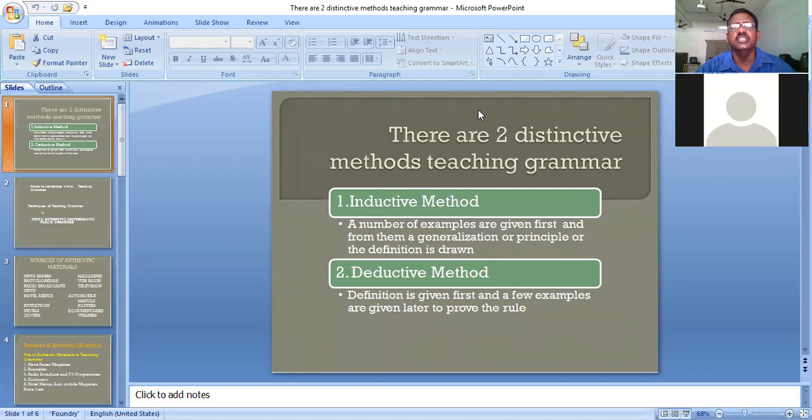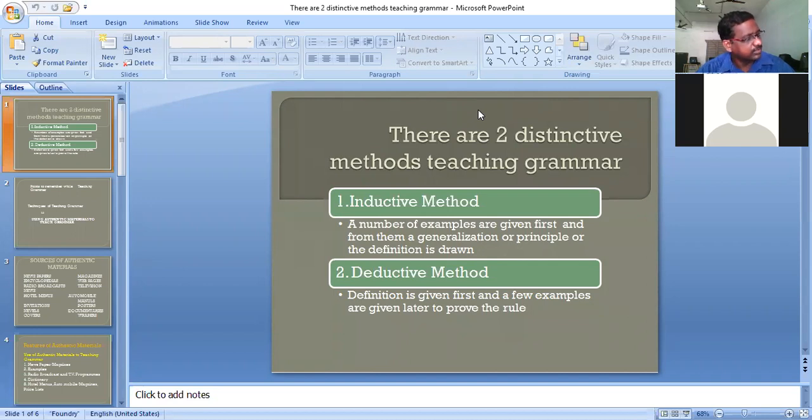So we have to make them learn from the grassroots onwards. In this way it creates interest among the students.